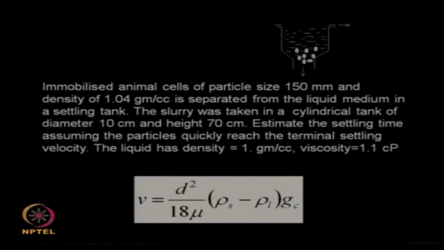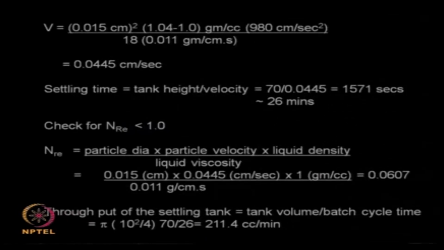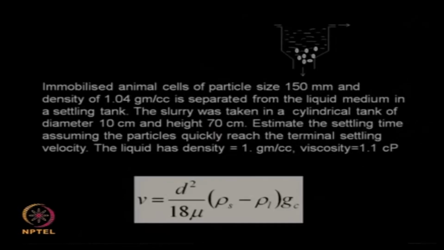You would like to perform a certain settling operation, so we have some immobilized animal cells of 150, sorry, it should read 150 micron, and a density of 1.04 grams per cc, and you would like to separate it from the liquid medium in a settling tank.